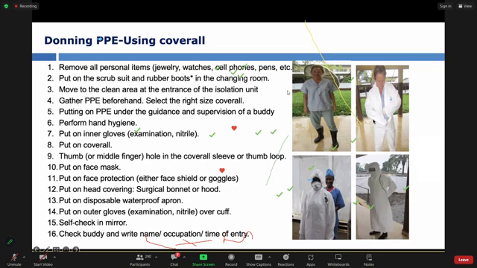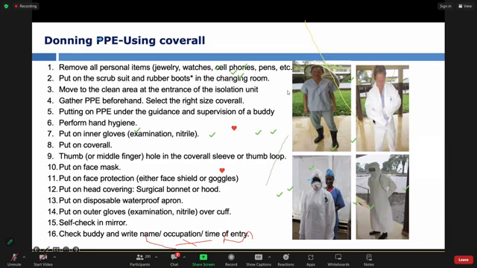Then you start on putting on the gloves, obviously the inner gloves, and then you start on the procedure of putting on your coverall. And then after that, you ensure that the thumb or the middle finger, if there are some coveralls that have that provision, is secured. If it's not available, please put a hole in the overall sleeve or a loop to ensure that it's affixed very firmly.